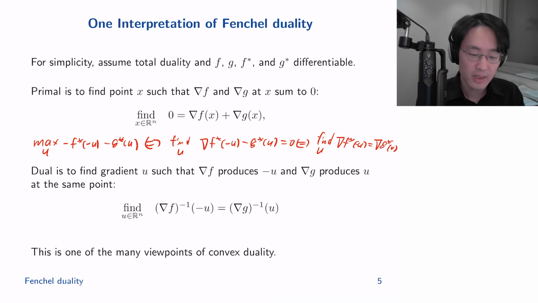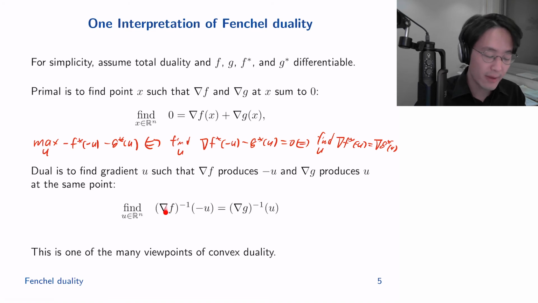And finally, since f star is the convex conjugate of the function f, grad f star is equivalent to grad f inverse, and grad g star is equivalent to grad g inverse, so we can reinterpret the dual problem as finding a u such that grad f inverse applied to minus u is equal to grad g inverse applied to u.